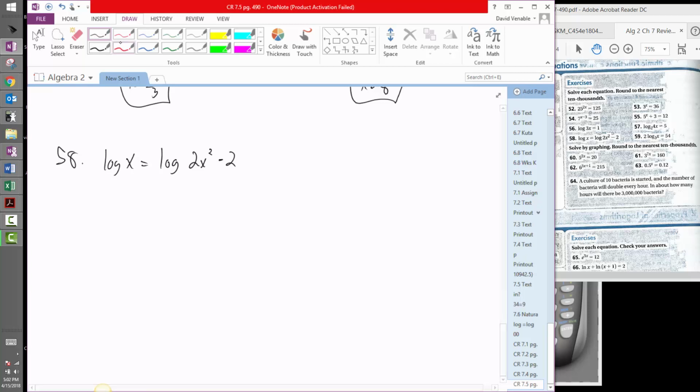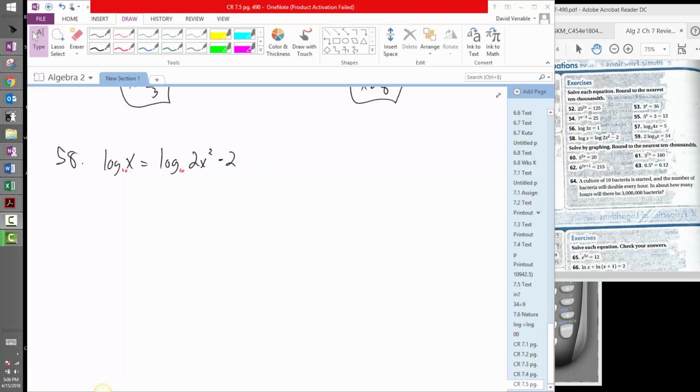I don't know what to do here. Oh, remember, this is really log base 10. Okay, so what I usually want to do is raise both sides of this equation to the power of 10. Now, this minus 2 kind of presents a problem here, which I'm going to address.